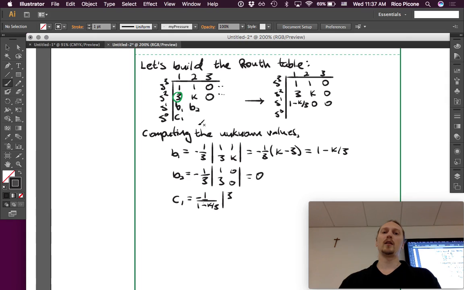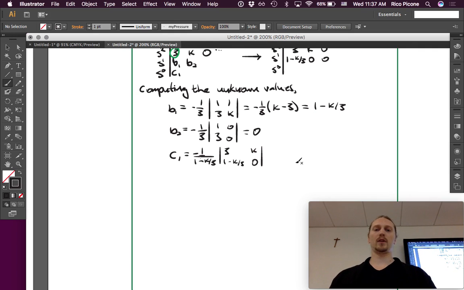So 3, B1, which is 1 minus k over 3, B2, which is 0, and, oh wait, no, k, right? This one, k, and then b2 we say is 0. Right. Good. So we are ready to go.